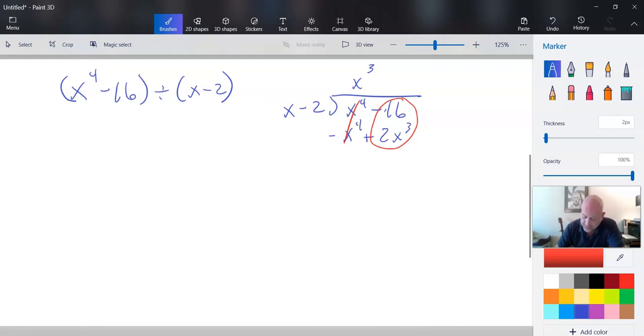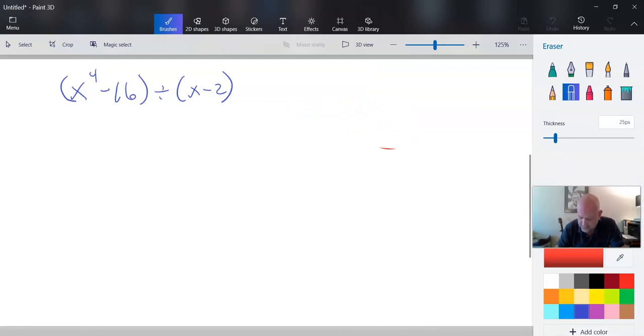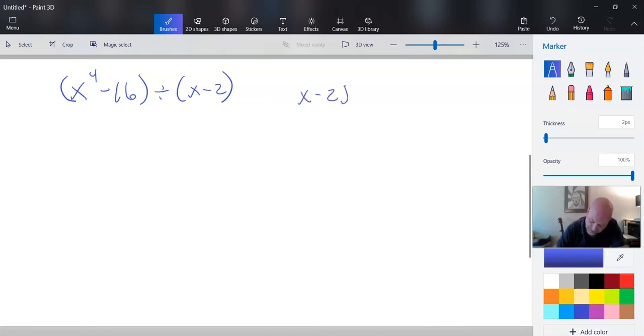So let's go ahead and start this over. There's a trick you can use to walk around that problem. So we still have the x minus 2 here on the outside. But you notice what terms are missing. It's missing an x cubed, it's missing an x squared, and it's missing an x. So what we do is we put those in.